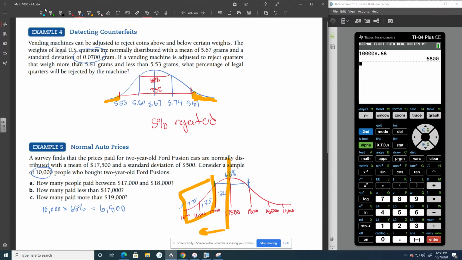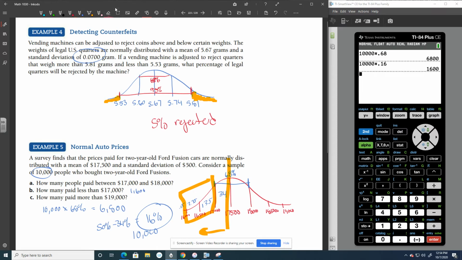So rather than adding these ugly decimals together, I'm just going to take 50% and minus this group right here, the 34%, and I get 16%, about. So 16% of 10,000 people. Again, on your calculator, make sure you put that in as a 0.16. So 10,000 times 0.16, we're going to get a nice number. So 1,600 people paid less than 17,000.